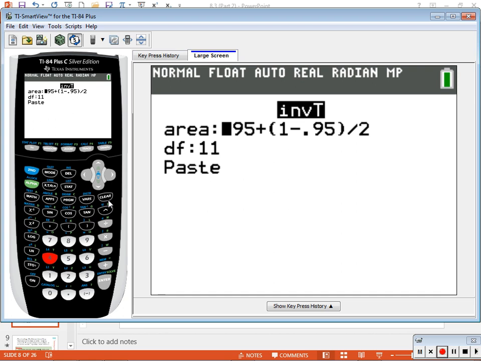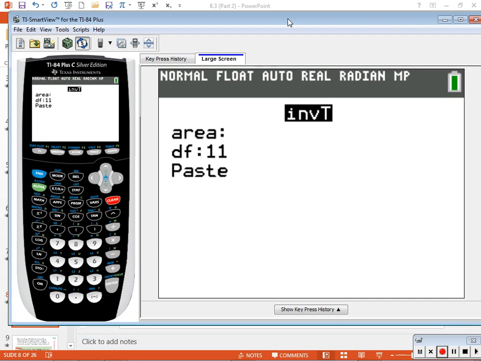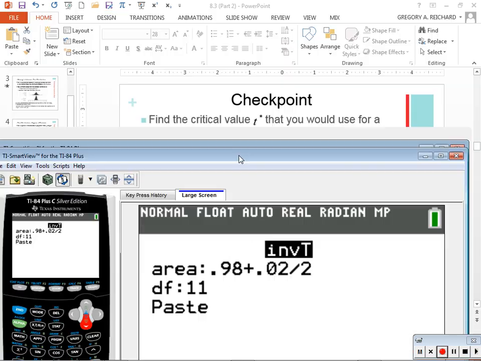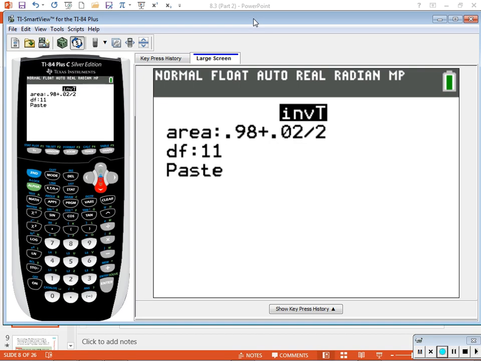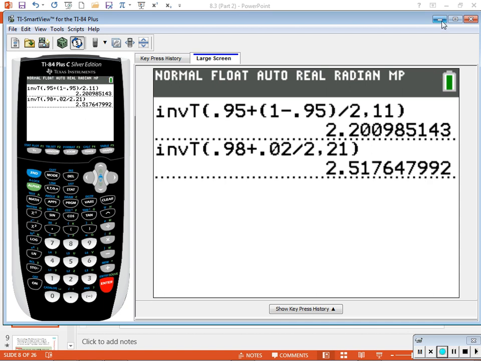So if I had a 98% confidence interval, I would say here 0.98 plus (1 minus 0.98), which is 0.02, divided by 2. And in this case, we had a sample size of 22, so the degrees of freedom would be 21, and that's where that value would come from for t star.